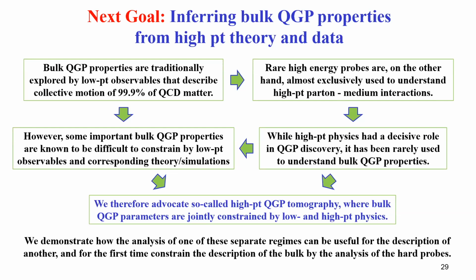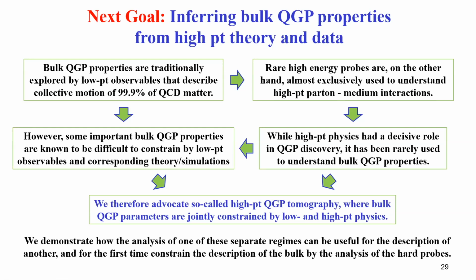While high pT physics had a decisive role in the QGP discovery, it was consequently rarely used to understand bulk QGP medium properties. But on the other hand, some important bulk QGP properties are known to be difficult to constrain by low pT observables and corresponding theory and simulations.